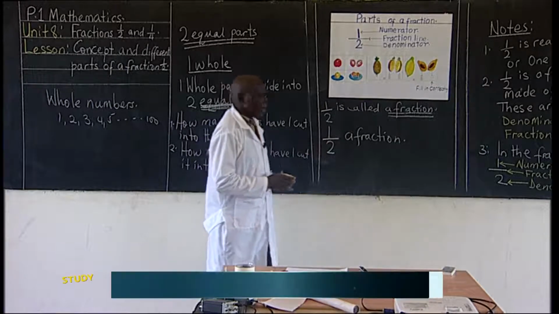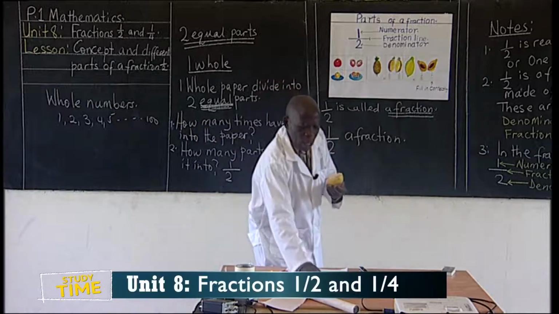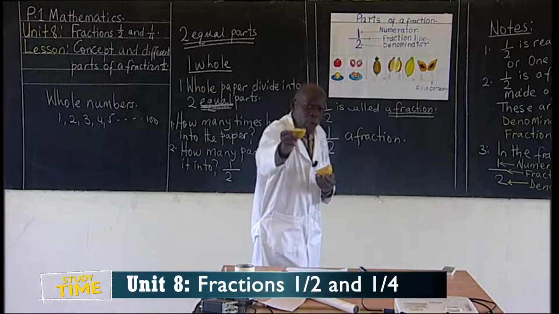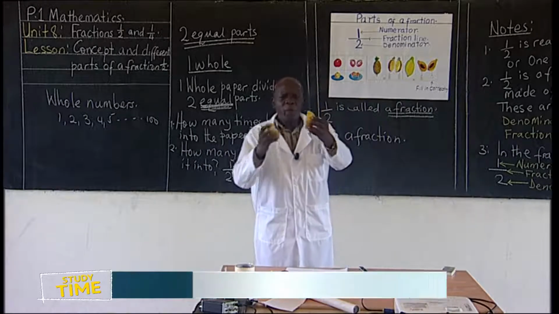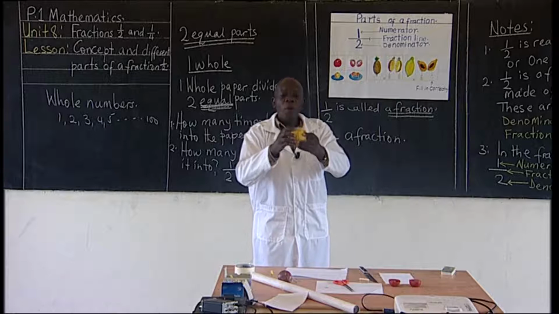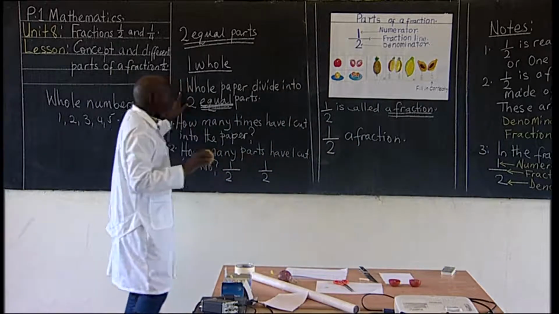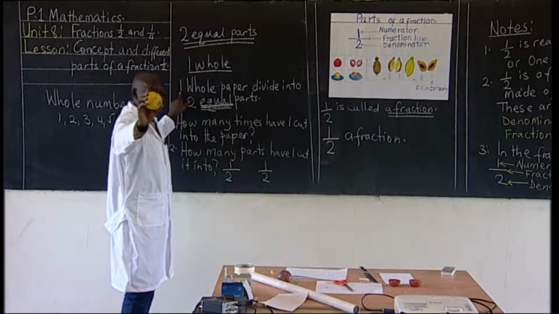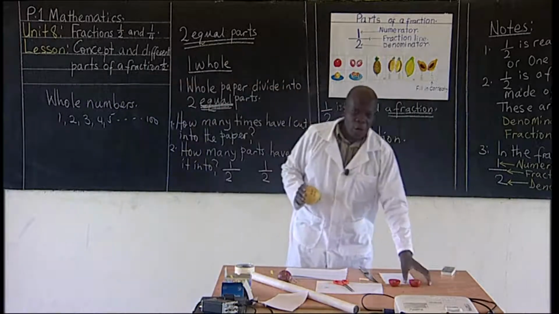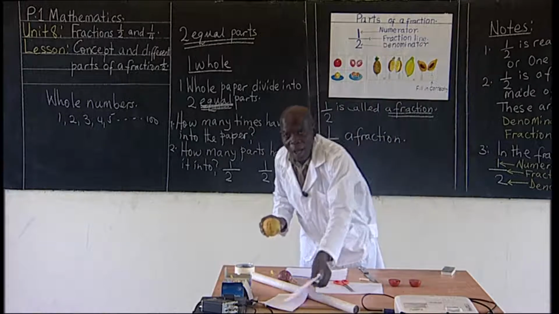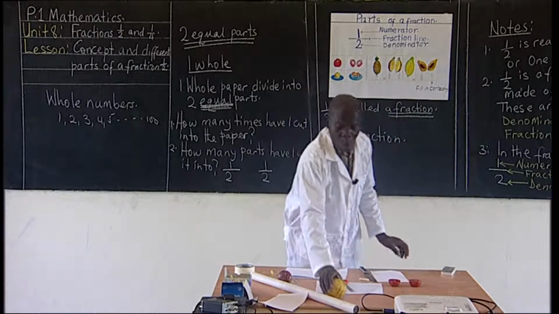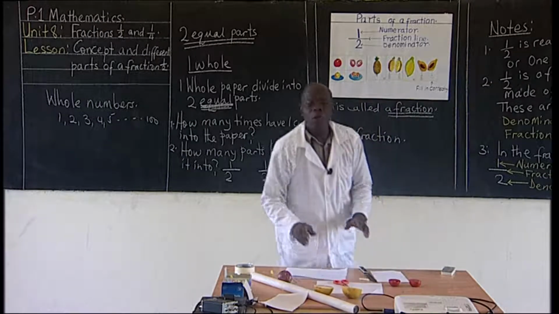Good. And when we bring the 1 out of 2 and 1 out of 2 together, we get 1 whole. 1 whole orange, 1 whole tomato, 1 whole paper, 1 whole bread, 1 whole chapati, and so on and so forth.